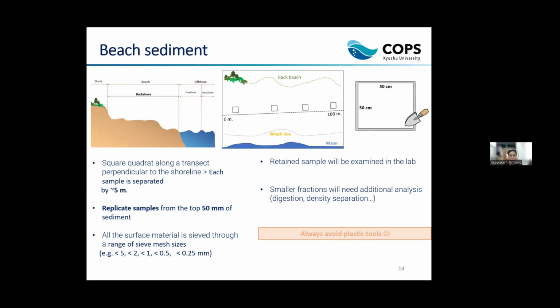I would say you can choose randomly. There are websites where you can click for a random number, and you place your quadrat at each meter number along the line transect.